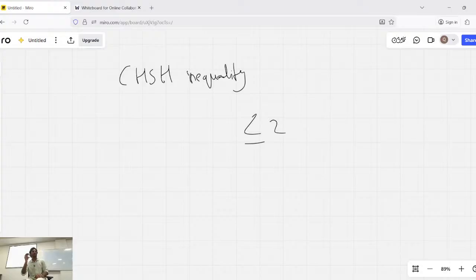Got it? But when you try the same inequality with respect to quantum systems, using qubits, you get a value of 2.12 or something. So we are seeing a breakage, a violation of this inequality.